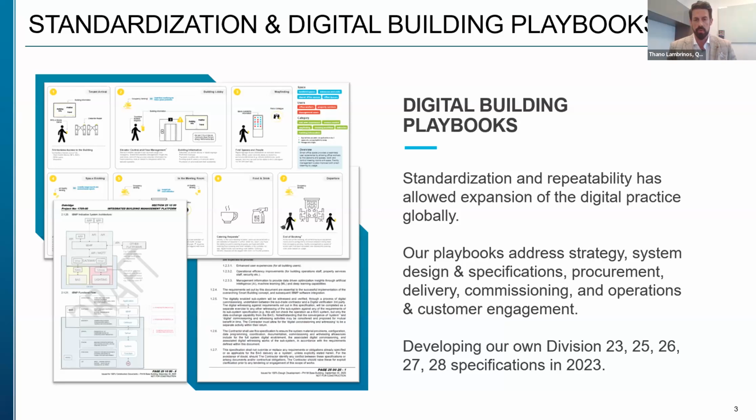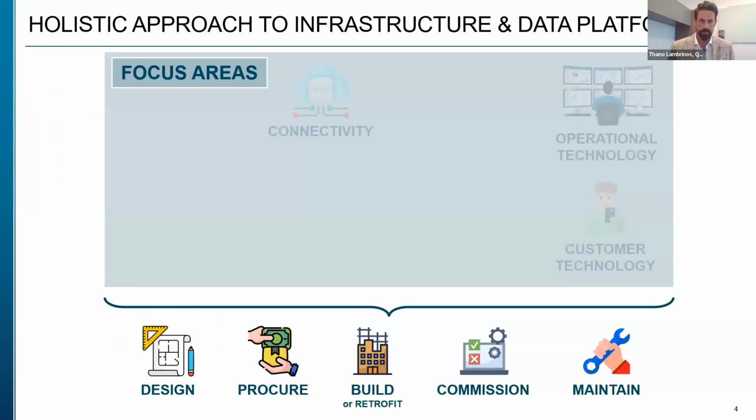So our playbooks do focus on the strategy, system design, specifications, the way that we procure, how we deliver, responsibility matrices, things of that nature, commissioning, and then handover into operations and how we engage with the customers. And through that, we are developing our own actual construction divisional specifications because we feel that we get a lot of variety from the consultants, and we want to make sure that we work with the consultants, but on paper that we originally shaped.